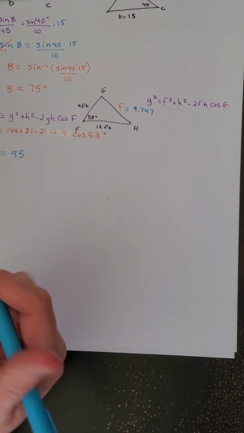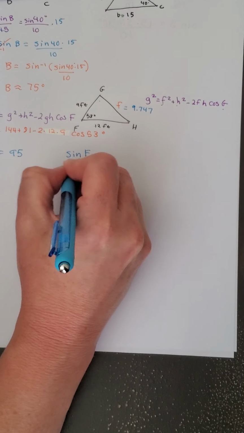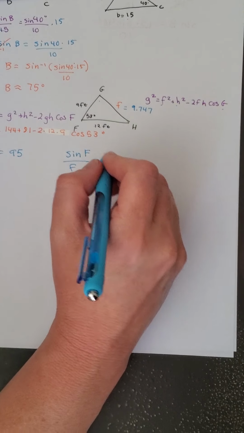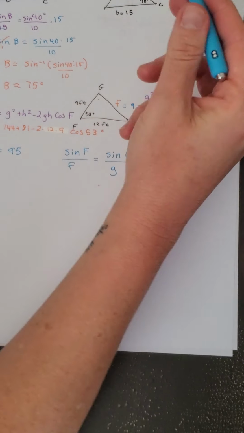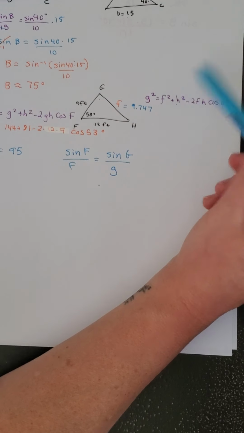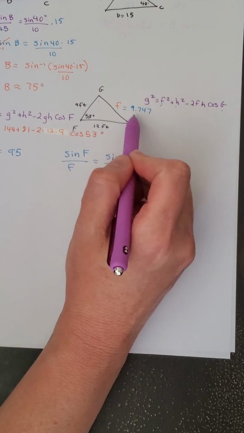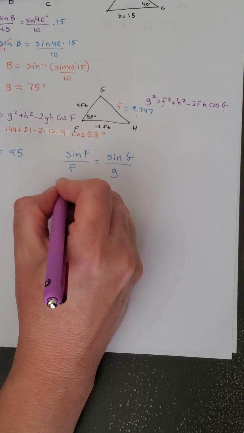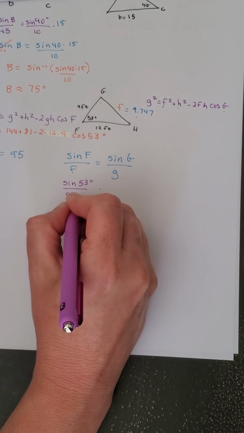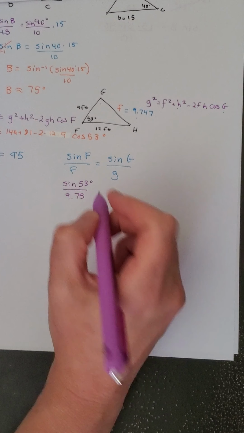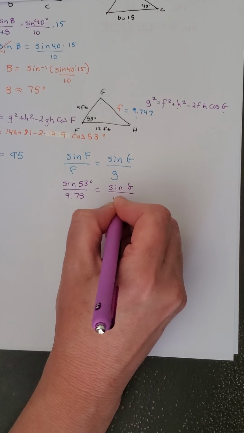I'm going to do law of sines: sine F over f is equal to sine G over g. You can go back to law of cosines if you prefer, but now I have an angle and the side across from it. So sine 53 degrees over 9.75 roughly is equal to sine g, which is my unknown, over g, which is 12.